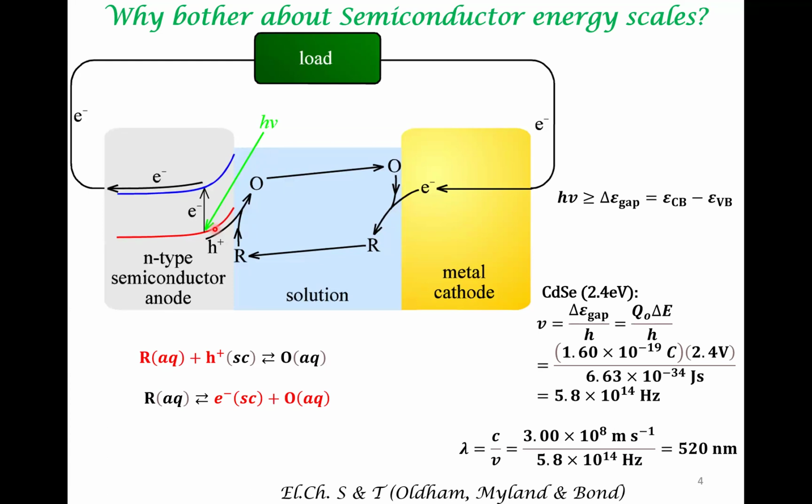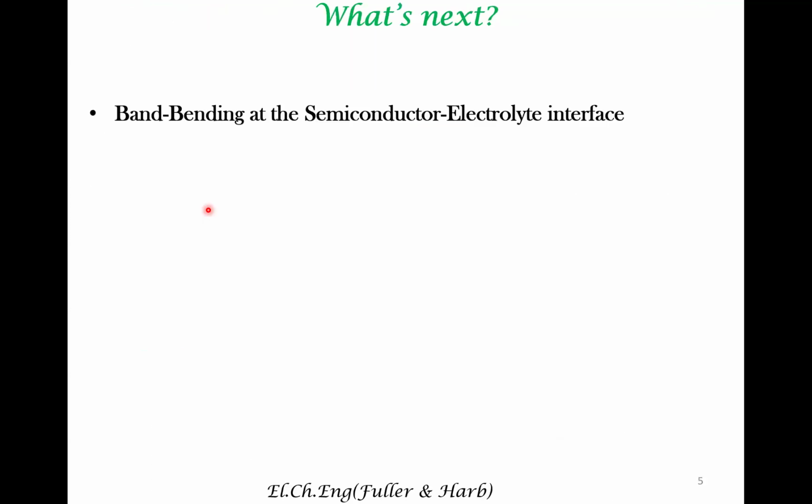These have to be separated so that you can do some chemistry with the holes as well as do some chemistry with the electrons. To make that separation possible, the bands that are present in the semiconductor have to be bent. Okay, so we will elaborate this concept. This concept is called band bending. That will be done in the next lecture.